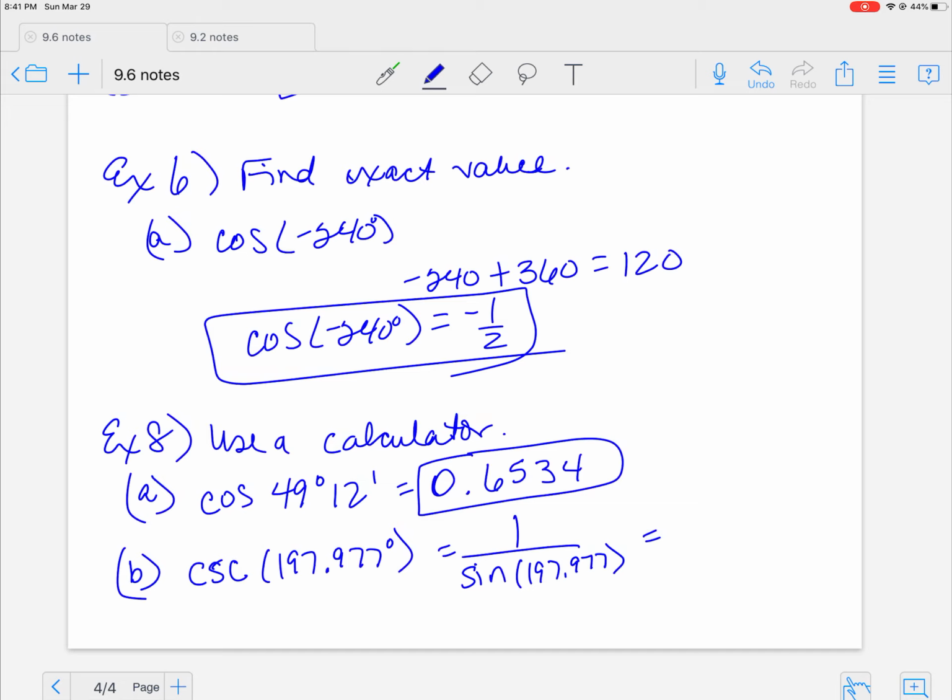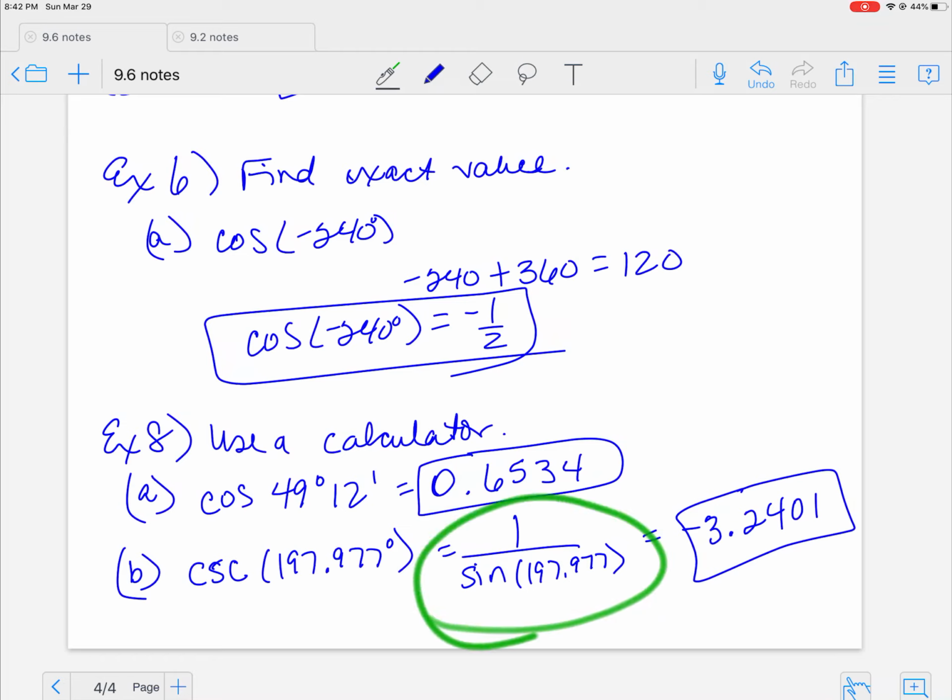So when you're doing this, you literally just plug in 1 over the sine of 197.977. Put that in the denominator. Whammo jabammo, and you get negative 3.24007, so negative 3.24. We'll do 0, 1, because it's 007. Just use your calculator. If it's not a common one, you can get right off the unit.